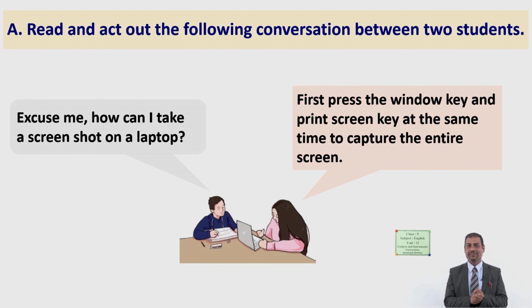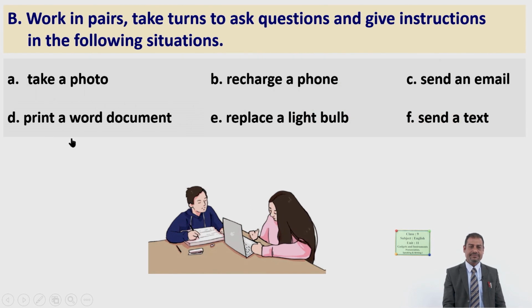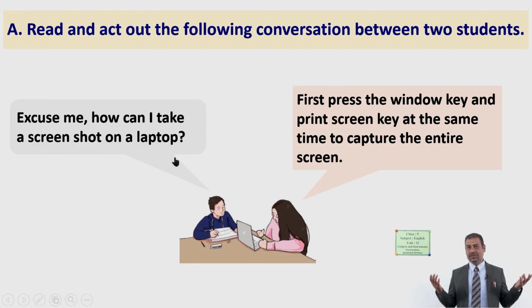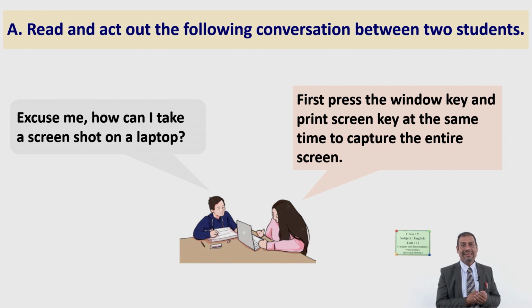What is it? Yes, your guess is right. We are going to learn to give instructions, and this is your example. Excuse me, how can I take a screenshot on a laptop? I don't know. Now you have to give me instructions so that I can follow your instructions and take a screenshot on my laptop.